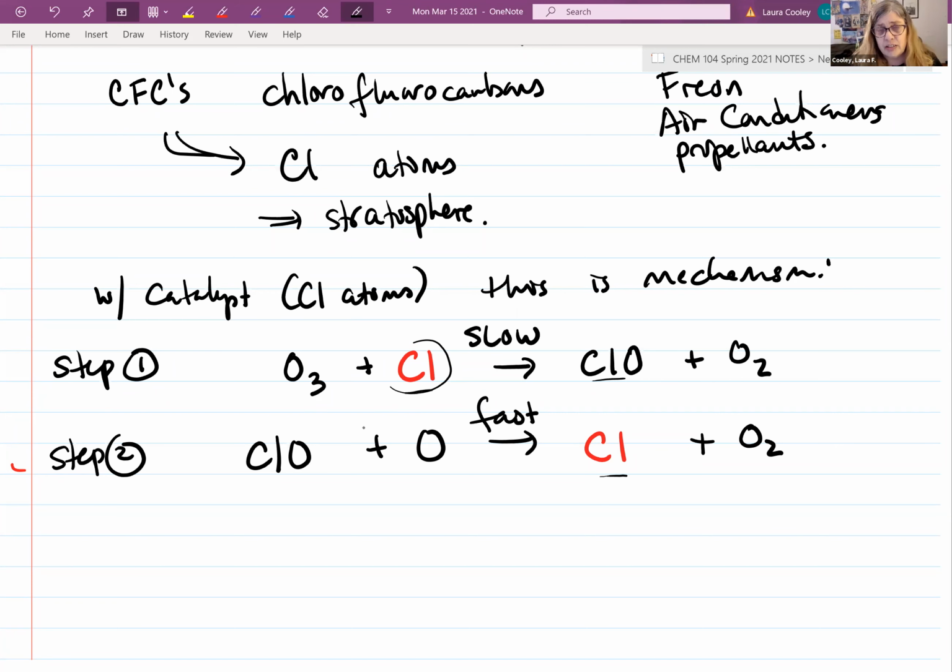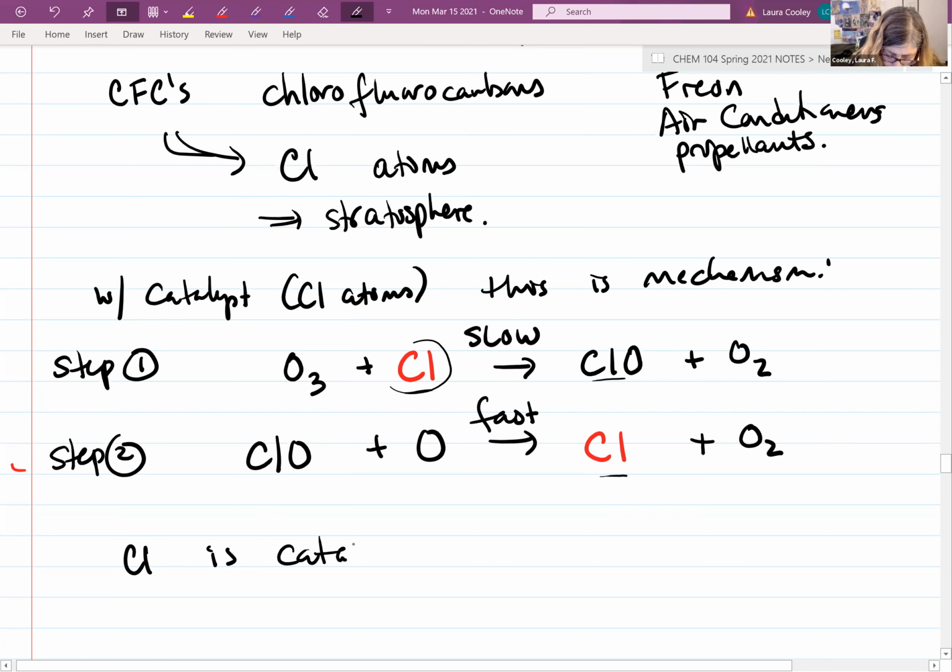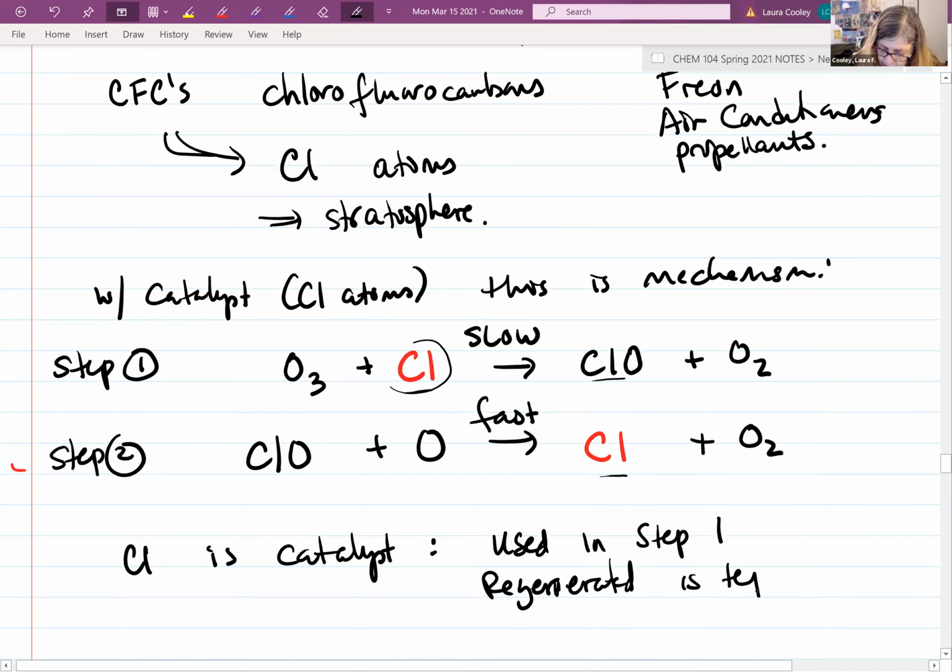So it's particularly destructive, right? So the catalyst is Cl. A catalyst is used in step 1, and then it's regenerated in step 2.